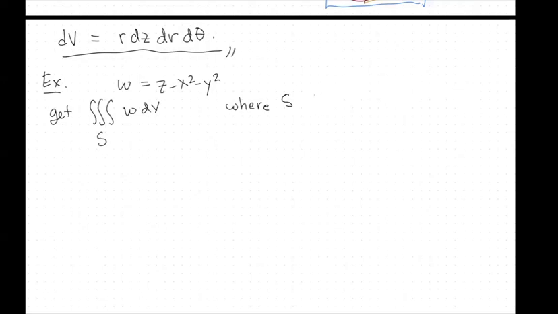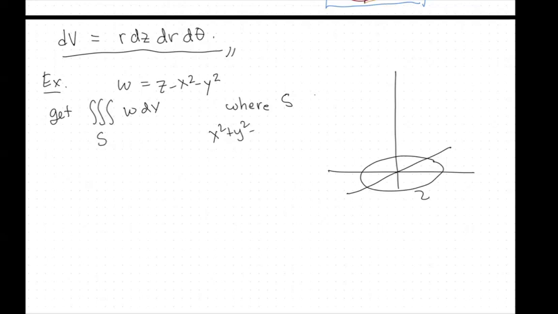I will draw the region S. So this is your S. This is bounded by this xy plane, and then on the xy plane we get the equation x squared plus y squared is equal to 3 squared.